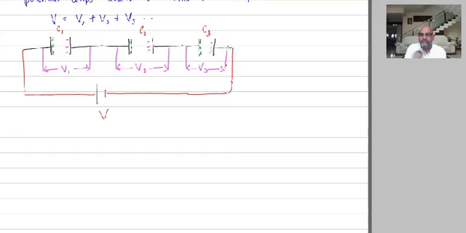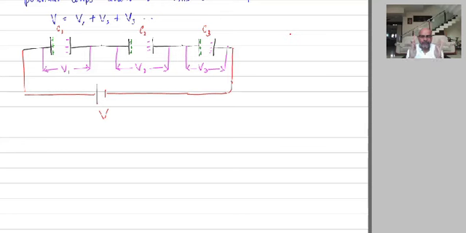So what is our second condition? The second condition is this: V, the total potential which we have applied for the combination, is equal to V1 plus V2 plus V3, and the charge should remain same. These are the 2 conditions. If these 2 conditions are clearly satisfied, then we say that the capacitors are connected in series.